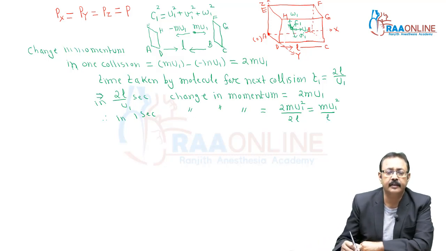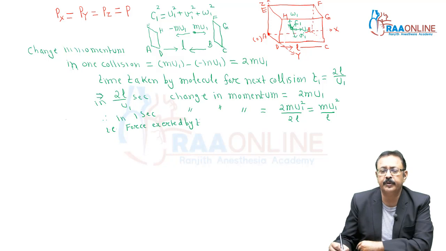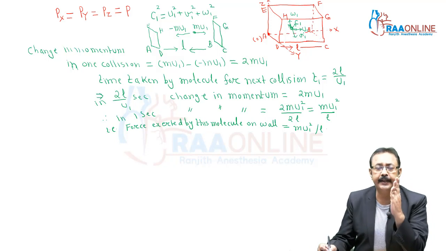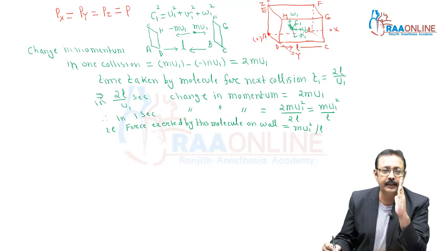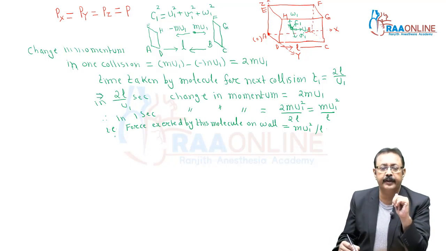That is the force exerted by this molecule on the wall, equal to mu1 square by L. Since the area of the wall is L square, each face of a cube being a square, we can calculate pressure.